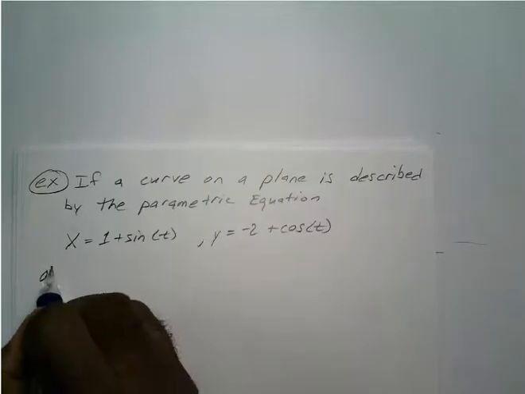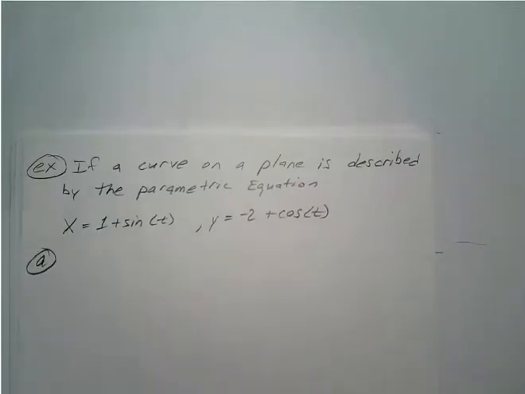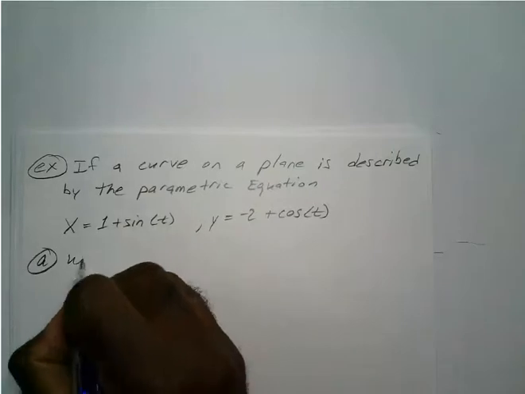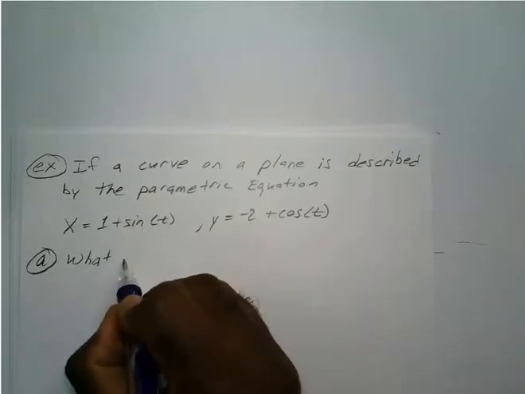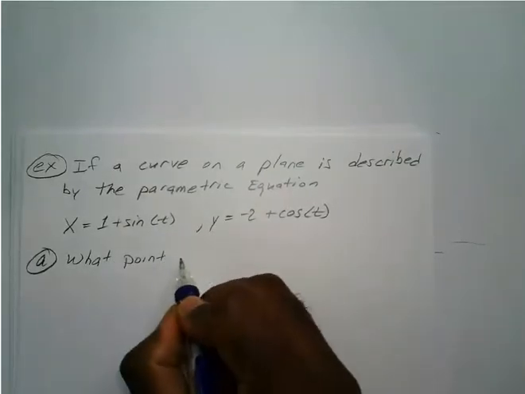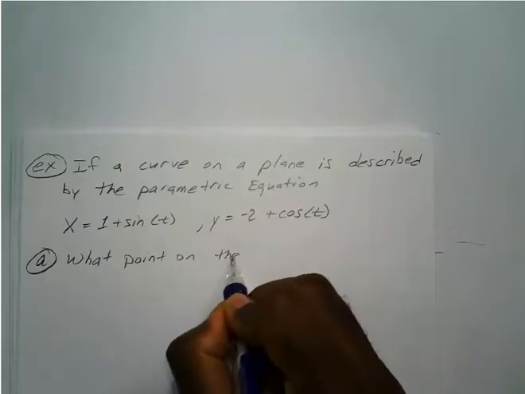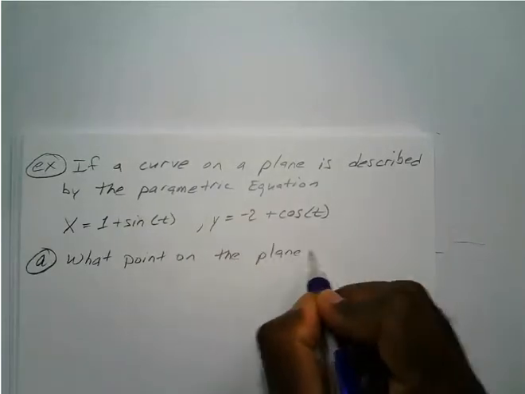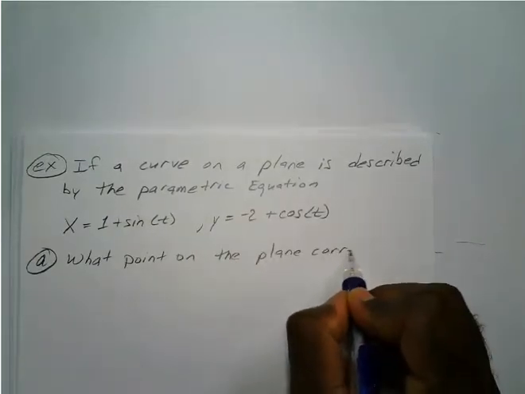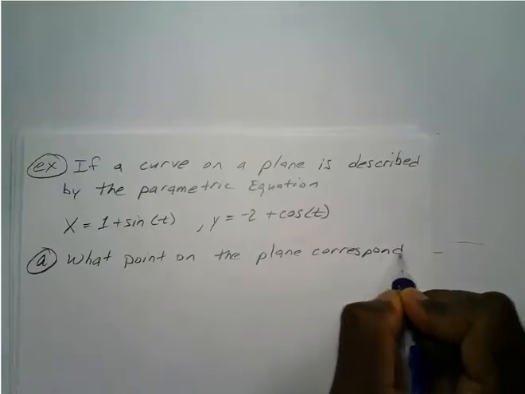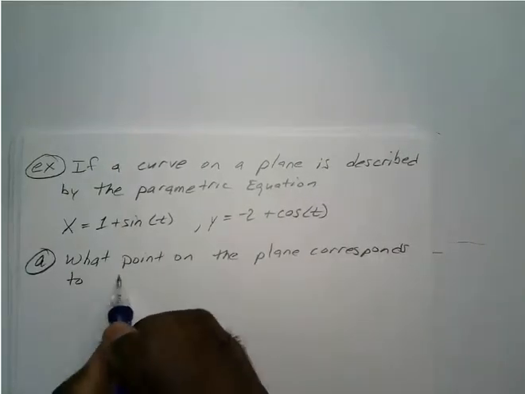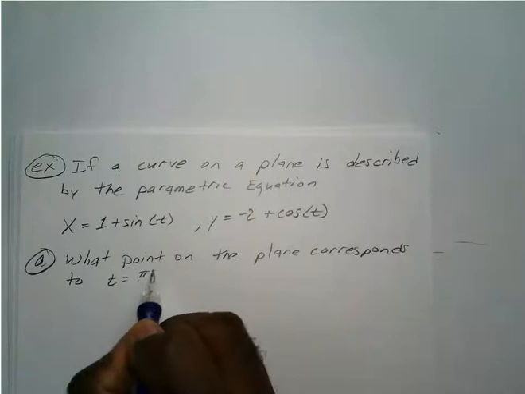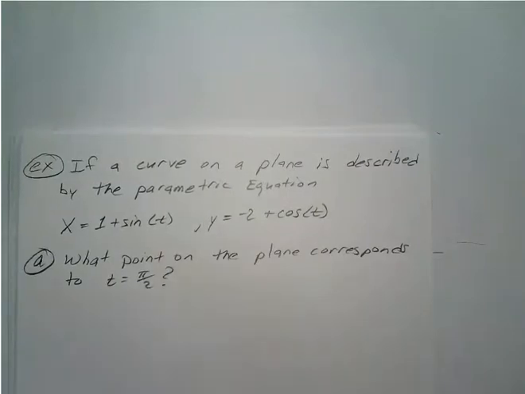Okay, so for part A of this problem, what point on the plane corresponds to t equals pi over 2?